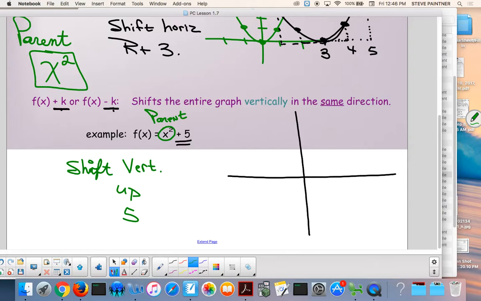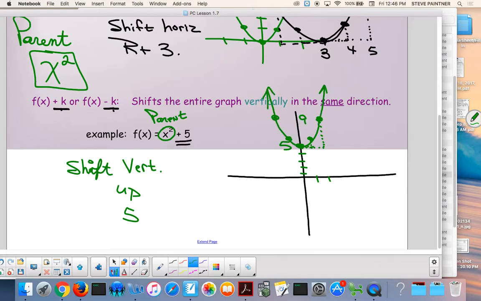You start at 0.5. You start here, and then again, if you're not going to do the parent, you need to know what the parent does. Right 1, up 1. You'd be at 6. Right 2, up 4. You'd be where? 9. Okay, there it is, there it is, and there you go.